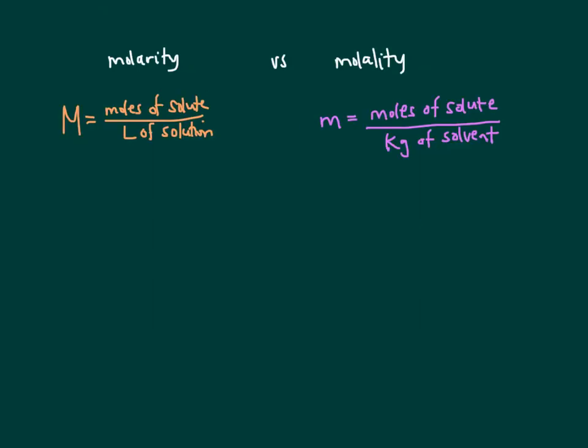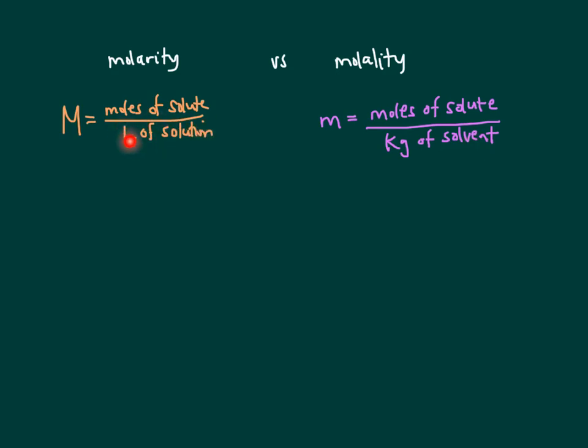I just wanted to really quickly put these two equations up against each other so that you can see the difference between them, because it can get very confusing considering that molarity and molality are very similar looking words. They're both abbreviated by M's, one being capital and one being lowercase. They both involve moles of solute. Where the difference lies, of course, is how we're measuring the volume of the solution.